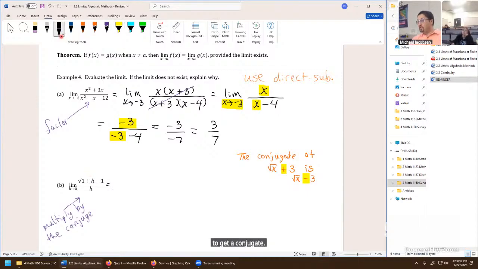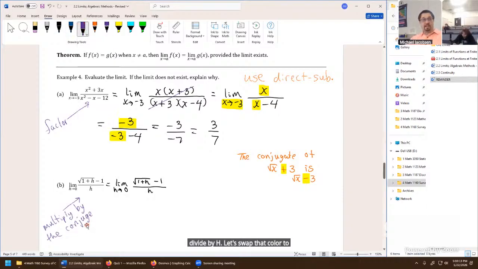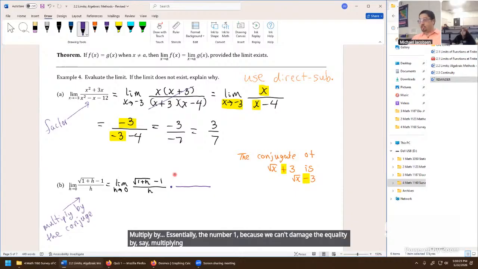So let's make this our first step. Do that multiplication. This is the limit as h goes to 0 of root 1 plus h minus 1, divided by h. Let's swap that color to purple just to match up with the comment. The conjugate of this thing would look like this, multiplied by essentially the number 1, because we can't damage the equality by multiplying by the conjugate.